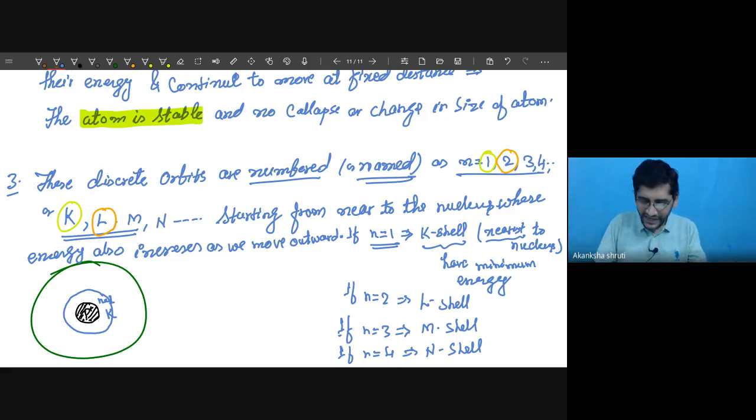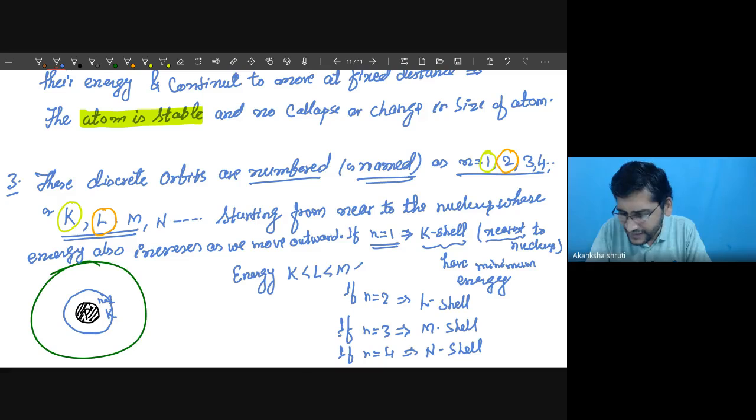So considering the energy level, how is that? The energy is continuously increasing. As per energy, K has lesser energy than L, than M, than N. And each has a fixed amount of energy.